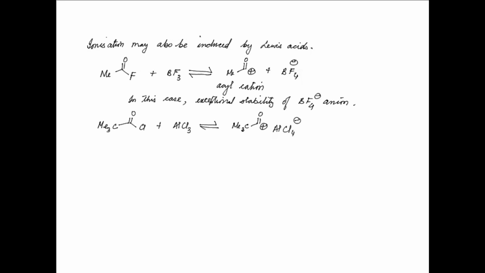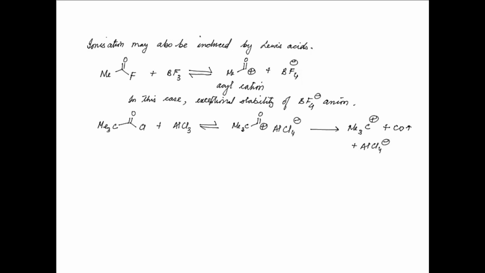This one can undergo decarboxylation, understand, to give the more stable tertiary carbocation along with loss of carbon monoxide plus AlCl4 negative. So even Lewis acids such as aluminum trichloride can form the more stable tertiary carbocations. So Lewis acids can also help in the generation of carbocations.